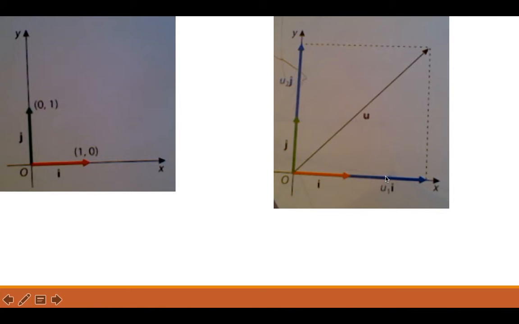So if I want to talk about a vector in ij notation, I will say the length of the horizontal is something i and the length of the vertical is something j.